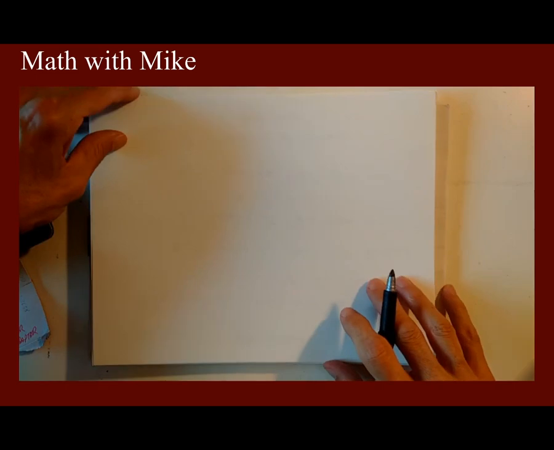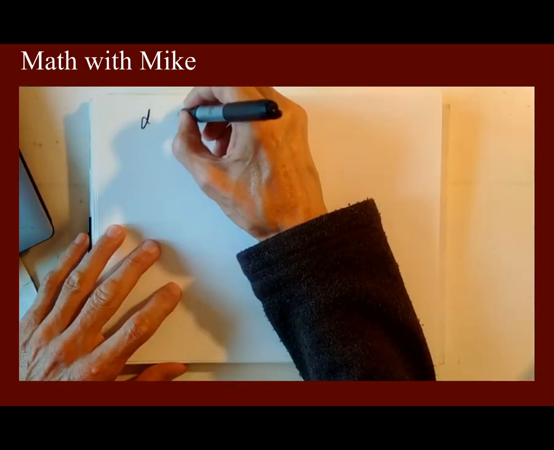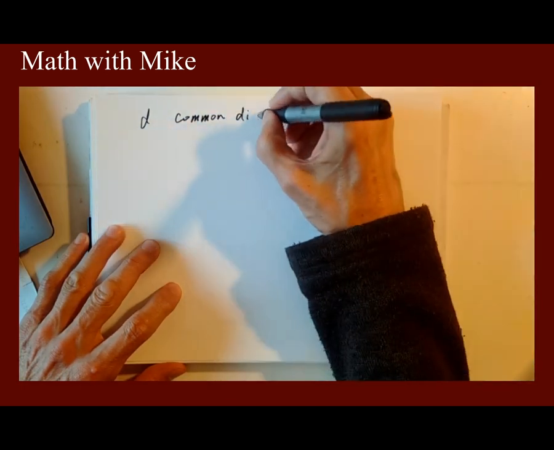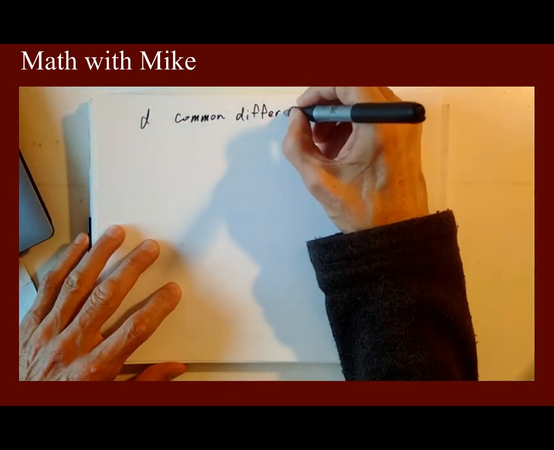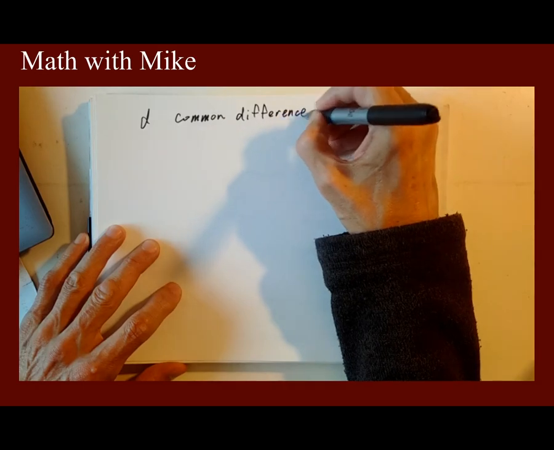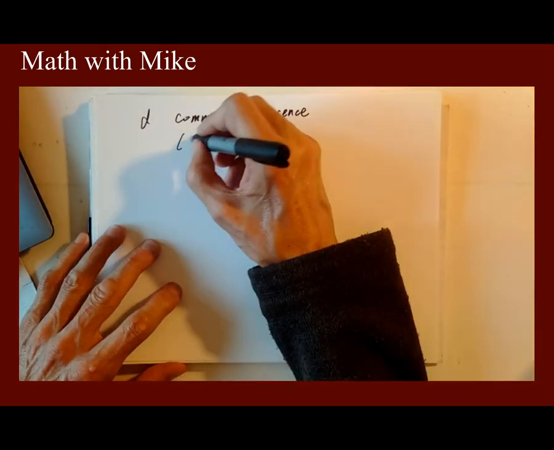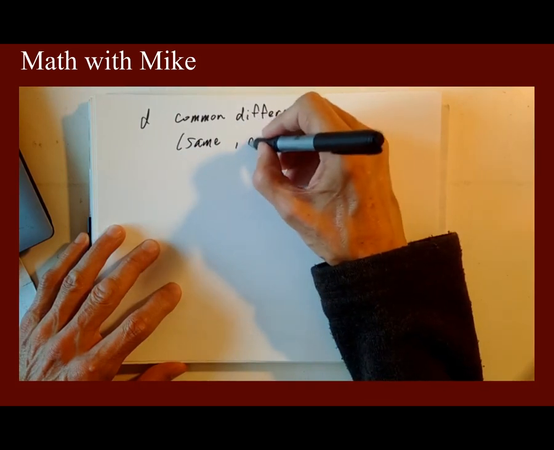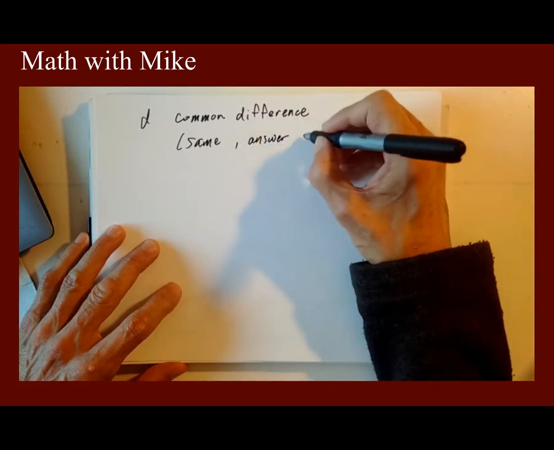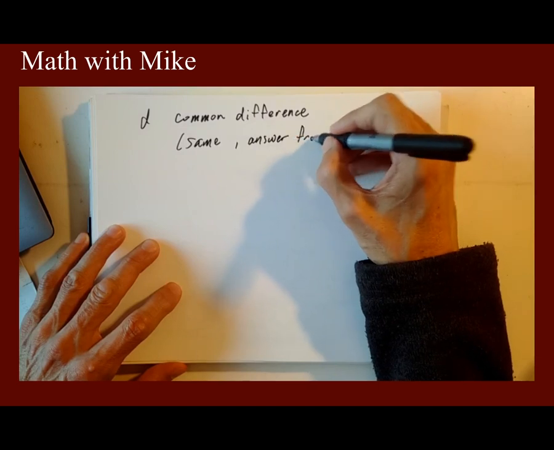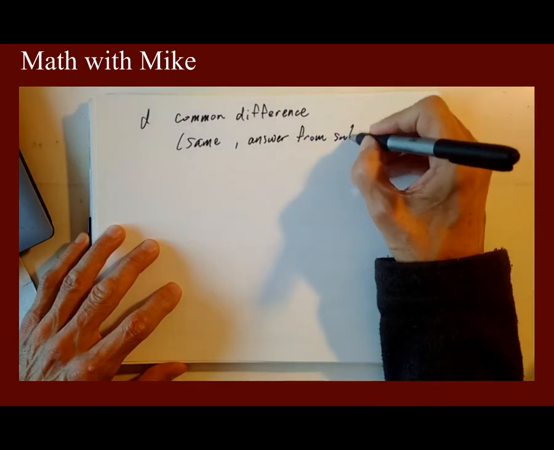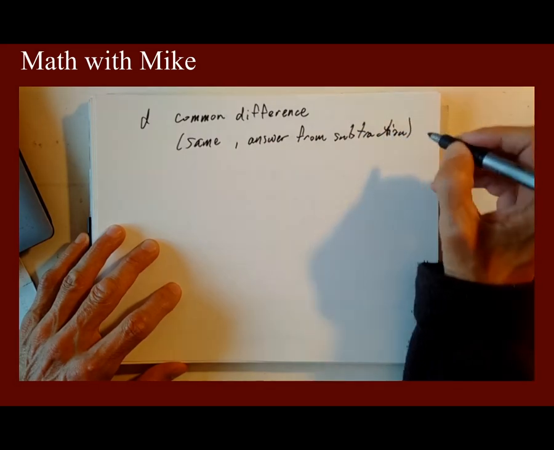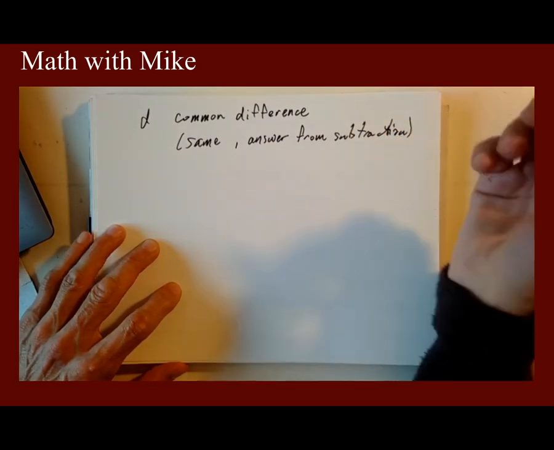Now, how does D get its name? Common difference. Well, here's some English for you. Common can mean the same, and the difference is the answer from subtraction. Minusing, which I don't know if is a word.